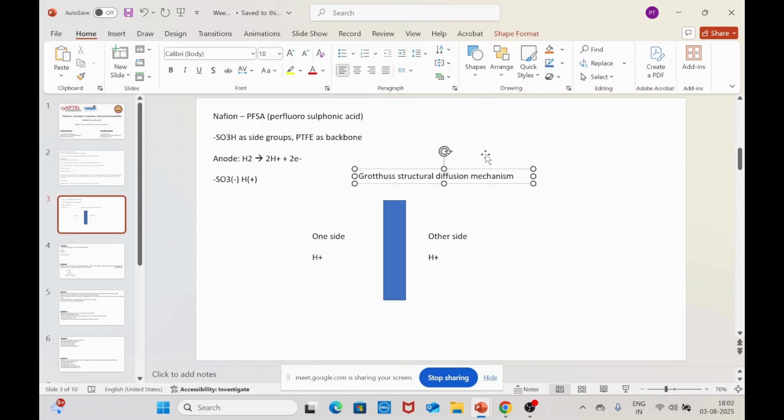Of course, then the cathode reactions will take place to give out water as a product, and this electron will be responsible for the energy generation. So this is basically the principle. I just wanted to give a little bit of discussion on how the PFSA works.